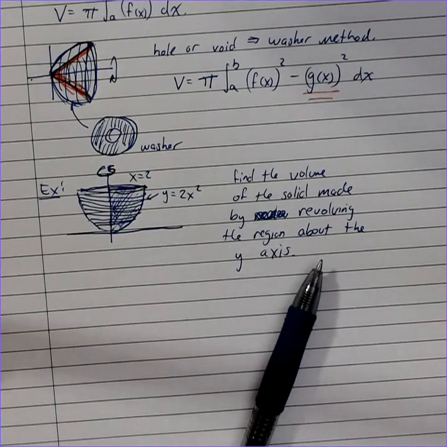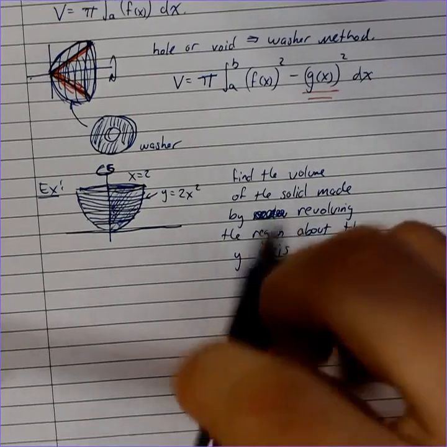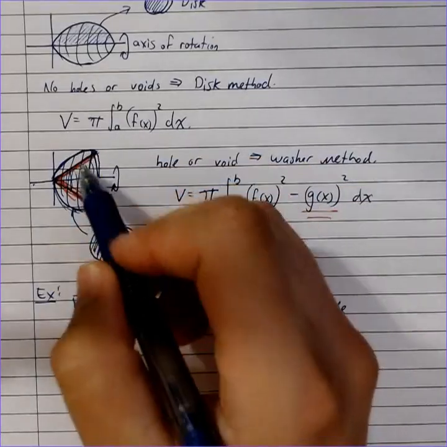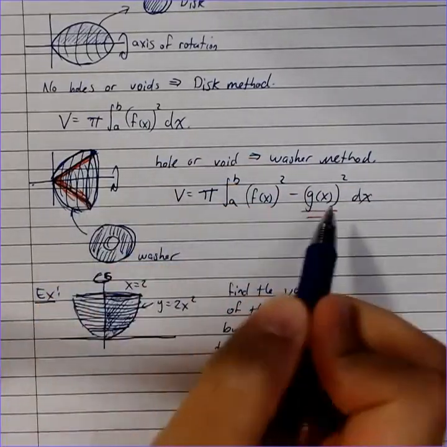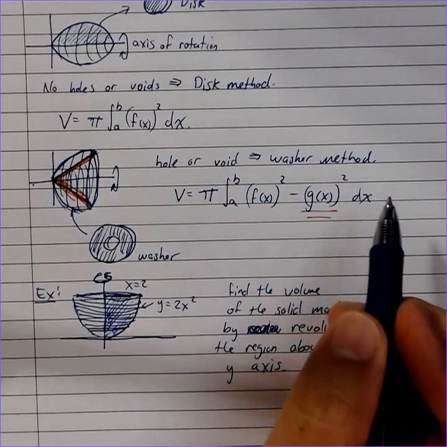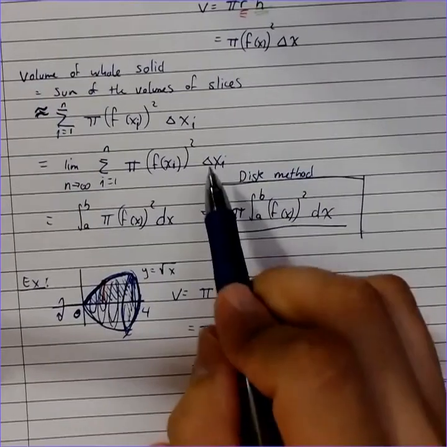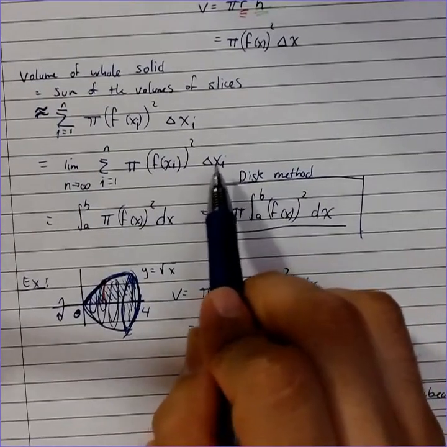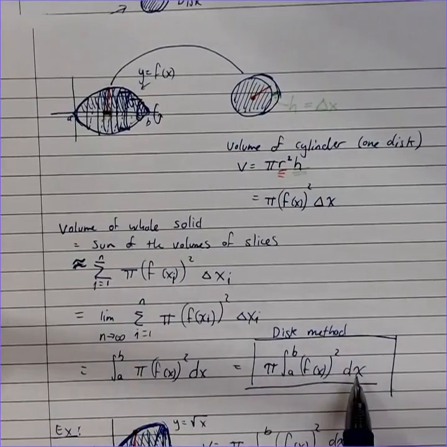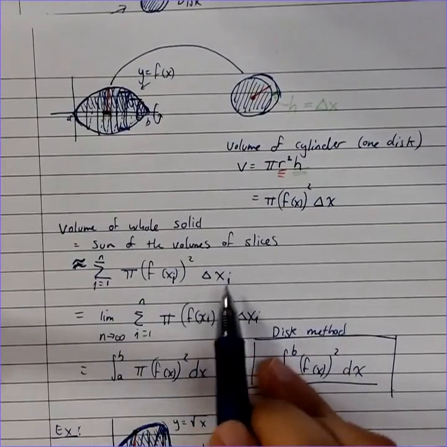Okay, so now what's the difference going to be here? Well, one major difference is, remember that over here, this dx came from the variable that told us the thickness of our disks. This dx came from this delta x.